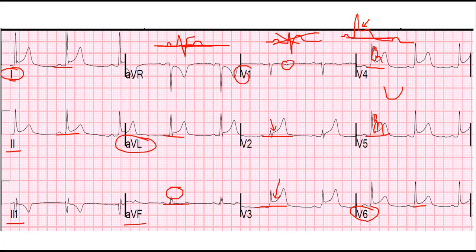Did you guys get me? So all I said is that if there is anterior MI, or in anterior leads there is ST elevation, then if you look at lead 2-3 AVF, they should have reciprocal ST depression, not elevation.